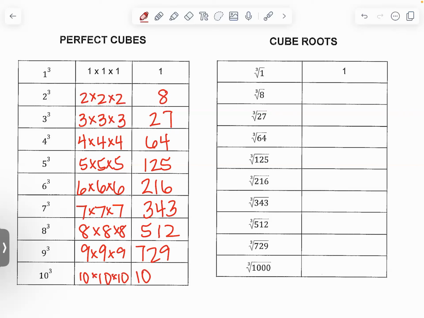And 10 cubed is 10 times 10 times 10, which is 1,000.